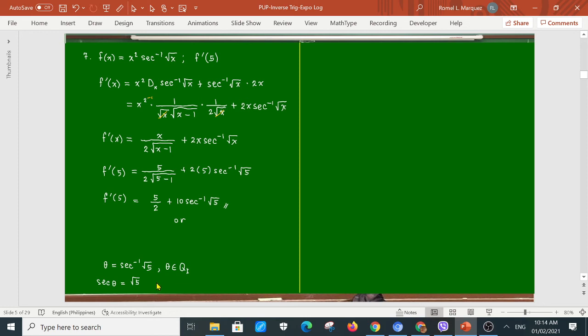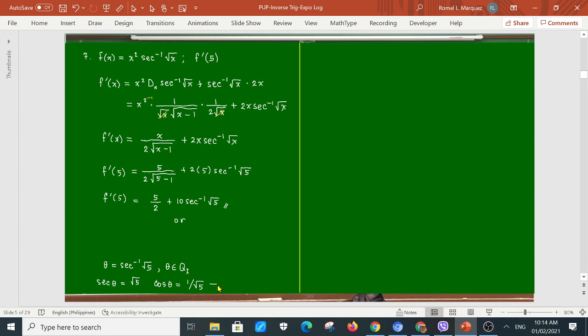So what is cosine theta? That is 1 over square root of 5. Okay? So we now take the inverse of this so that we can get the inverse secant, because this is not available in the calculator.